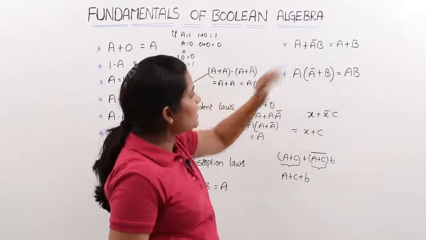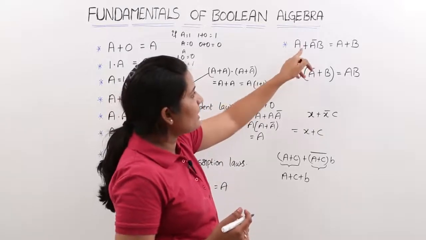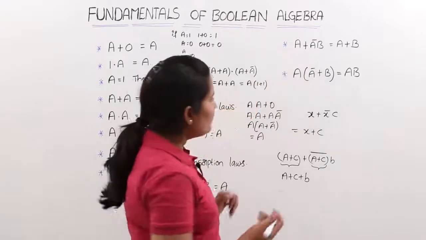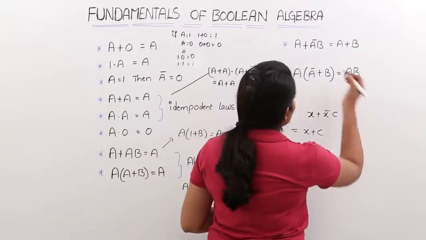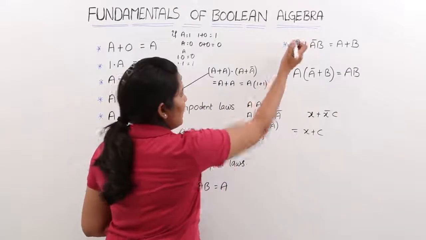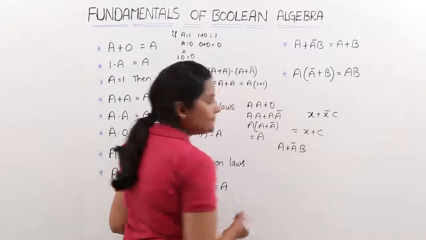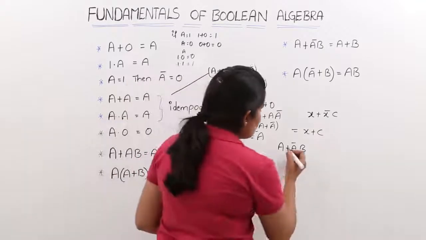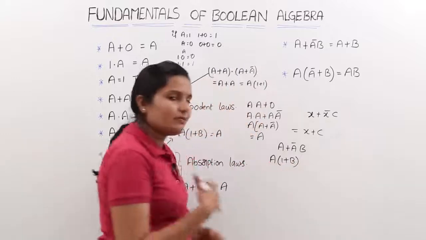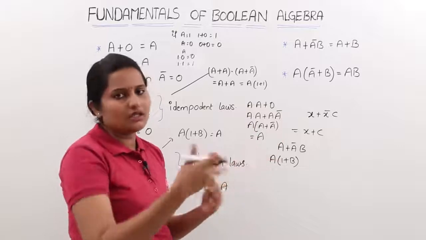Now we can see how we can solve this. I am just multiplying 1 plus B for A. I am considering A plus A bar B, and for this I am multiplying 1 plus B. You know the value of 1 plus B: 1 plus anything is equal to 1 only, and 1 plus some long expression is also 1.